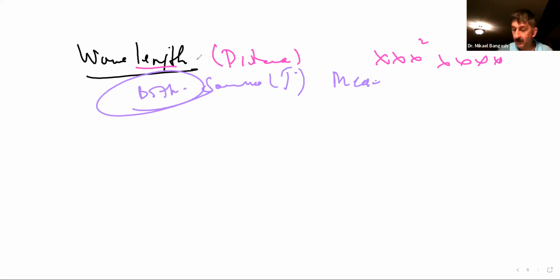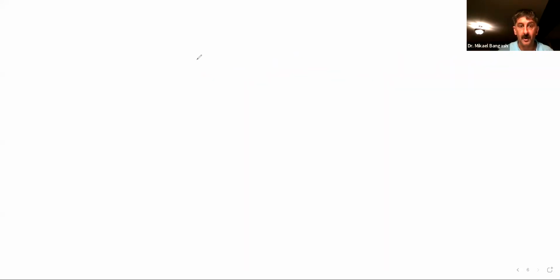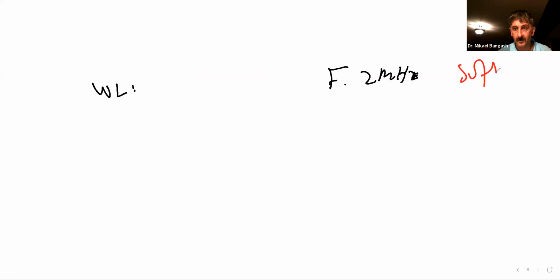Question 98. You already had this question in your chapter review, the questions of the chapter itself. It mainly asks what the wavelength is if the frequency of the transducer is 2 megahertz, and we are talking of soft tissue. Since we say soft tissue, this will be the number divided by the frequency.